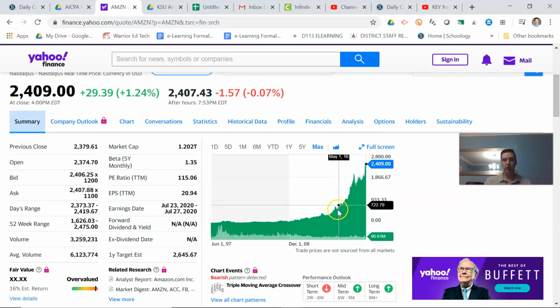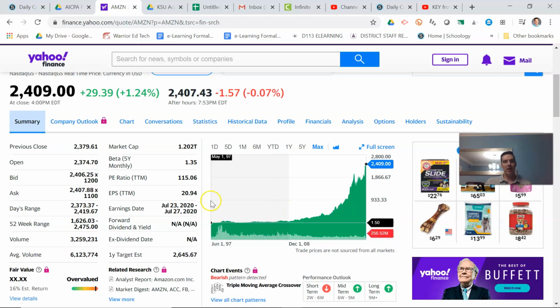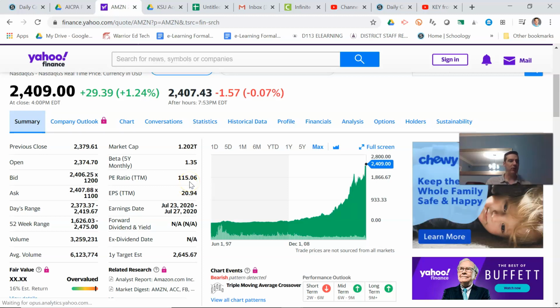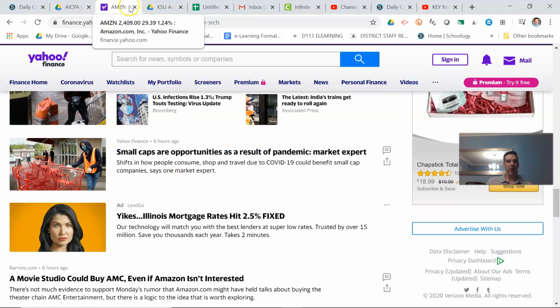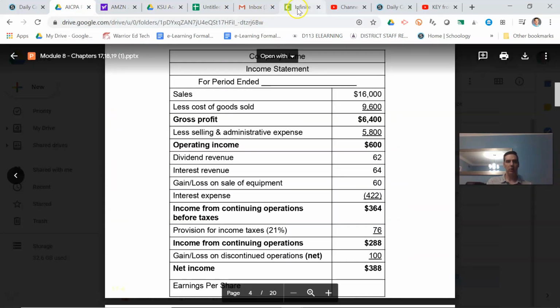And remember, in most of this run up, they were losing money, but it was a future expectation that they were eventually going to turn profitable. And sure enough, today, for every share that's held, we have earnings per share of $20.94. But here's the thing: a normal P/E ratio for the overall market is in the low 20s. We still have a high P/E ratio for Amazon. So there's huge expectations that this company is going to keep on profiting and growing and doing well.